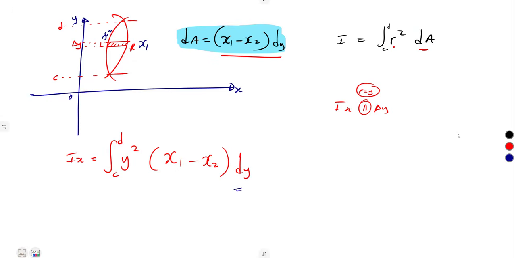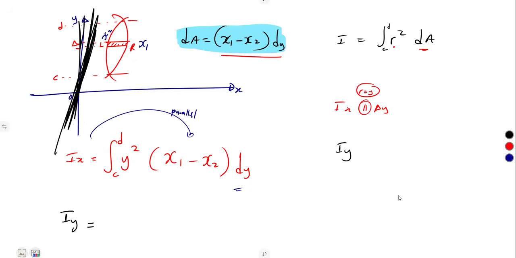So this is our second moment of area calculation that you're going to use when you're calculating with respect to x, as we saw that these two are parallel to each other. So when you are calculating for y, in this case, same concept. The y-axis is your reference, and the strip, they are perpendicular. They meet at 90 degrees.